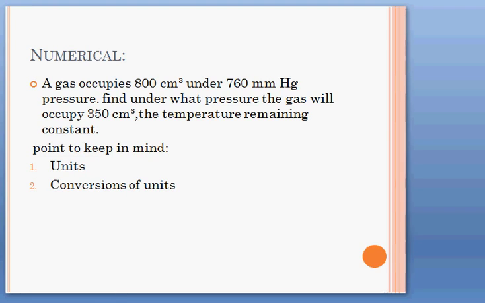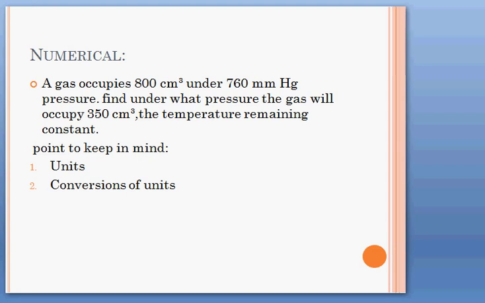Now let's start with the mathematical part, the numerical part. Let's take an example: a gas occupies 800 centimeter cube under 760 mmHg pressure. Find under what pressure the gas will occupy 350 centimeter cube when the temperature remains constant.